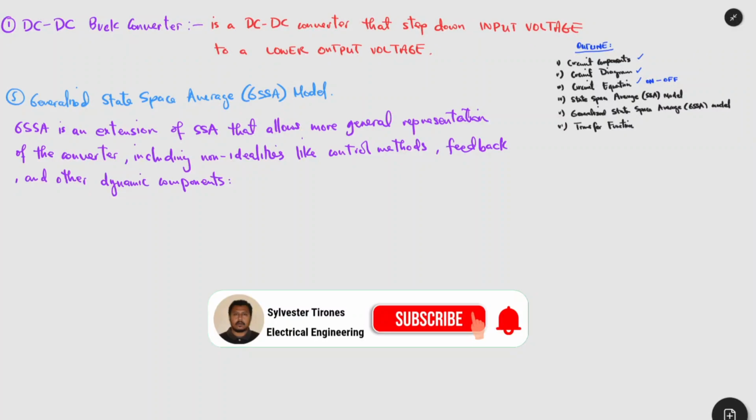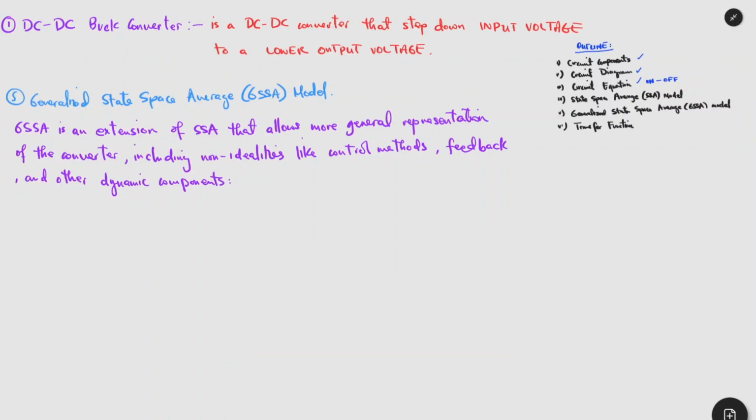In our discussion of the general state-space average model, it is defined as an extension of the state-space averaging model that we saw previously, where the SSA, or the state-space average model, talks about only one switching cycle. That means when the switch is closed.